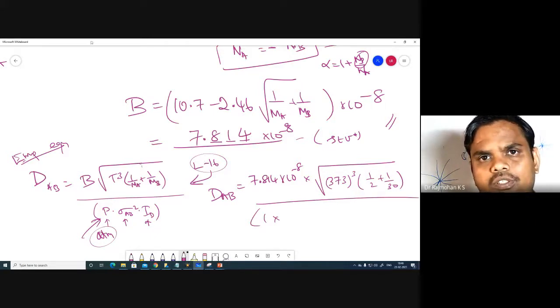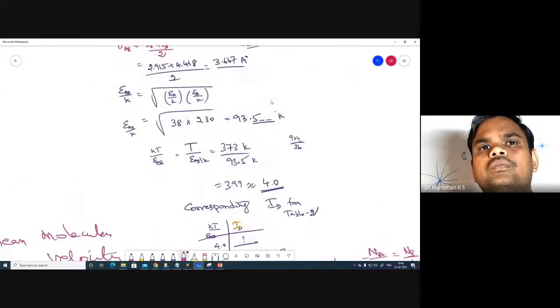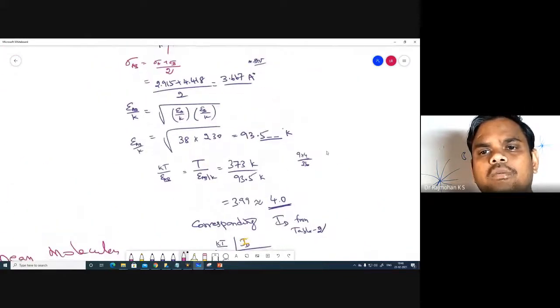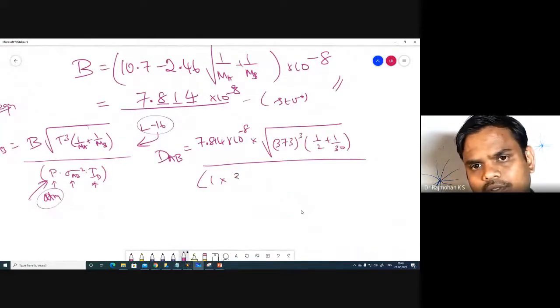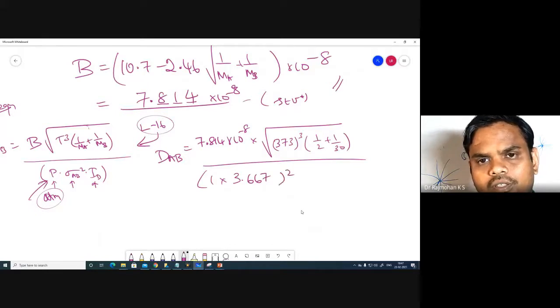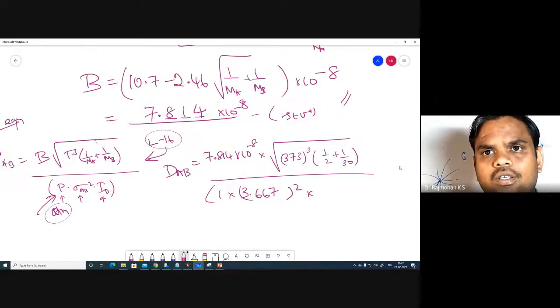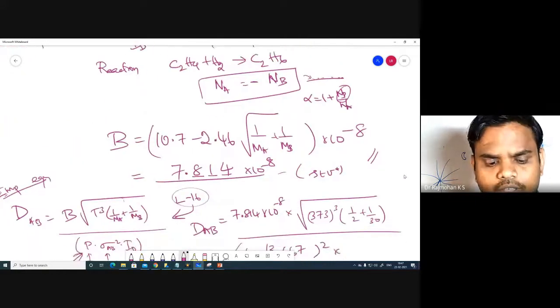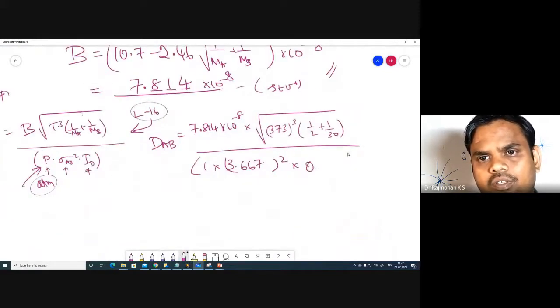How much did you get for sigma? 3.667 Angstrom square, into the ID value we got here, 0.4418.